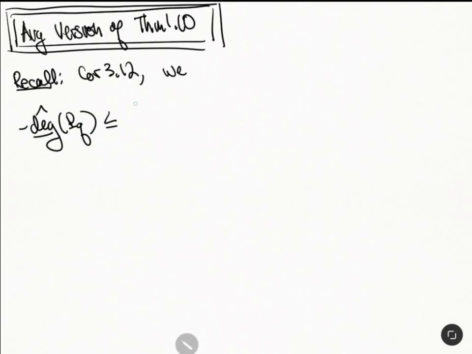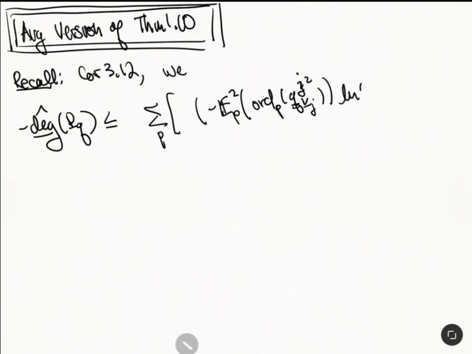We have the sum over p, minus the two averages over the valuations, then over the labels here, j squared, ln p.